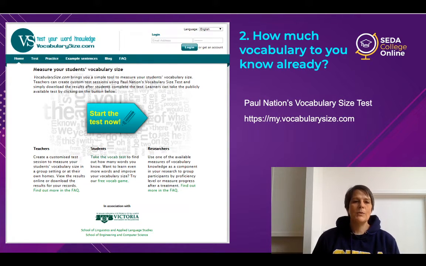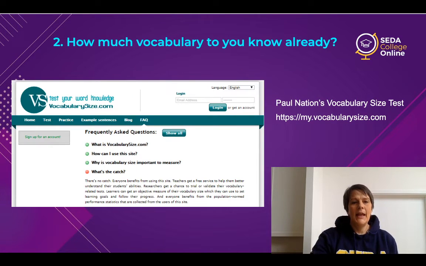It doesn't get more difficult. It's all mixed up together, and in that way you can get some kind of a real sense of your vocabulary knowledge. Then you can take a break and you can do it again, and you can test if your vocabulary is getting bigger. So I really recommend you do this test.